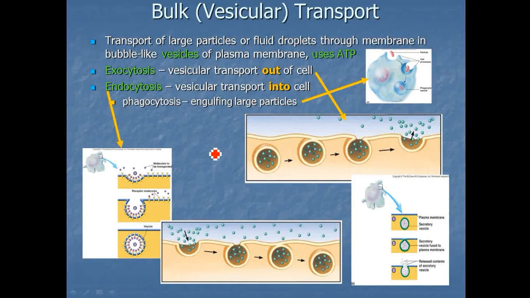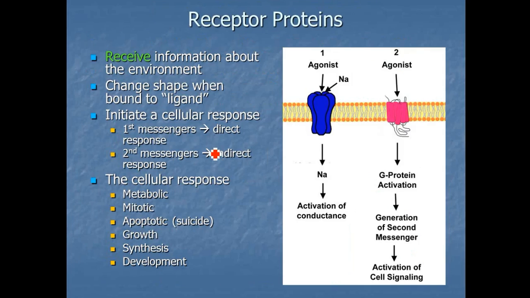Now, receptor proteins are the other major protein component of the cell, and they receive information about the environment. And when they receive that information, they change their shape, and that initiates a cellular response. We're going to talk a lot about what the cellular responses can be, but just in a brief list, they can be metabolic, meaning they can turn on or turn off activities. They can be mitotic, which means they can cause the cell to divide.